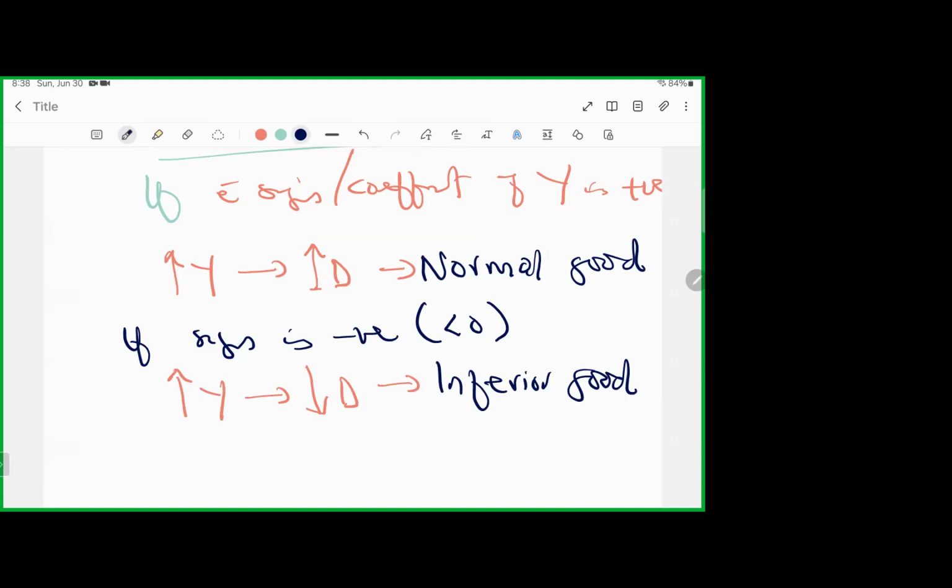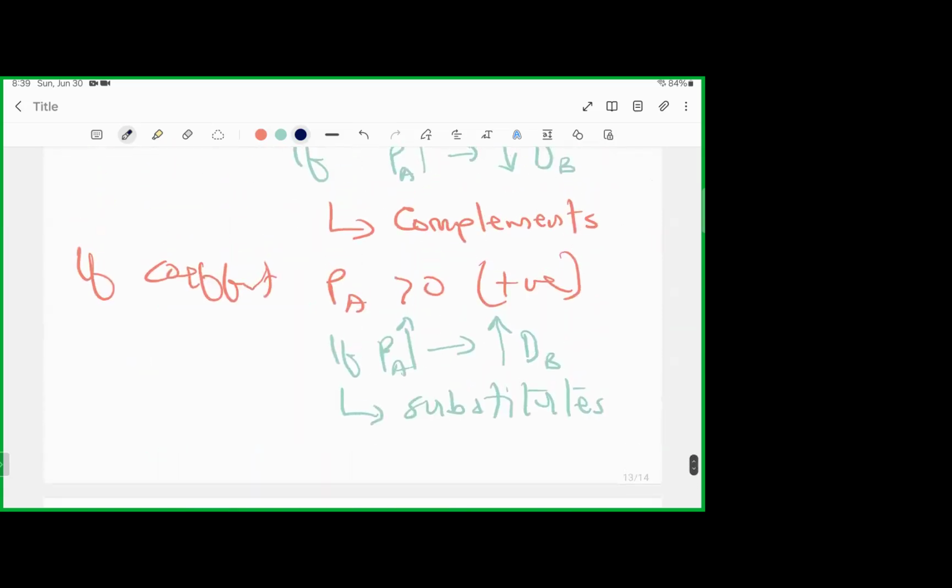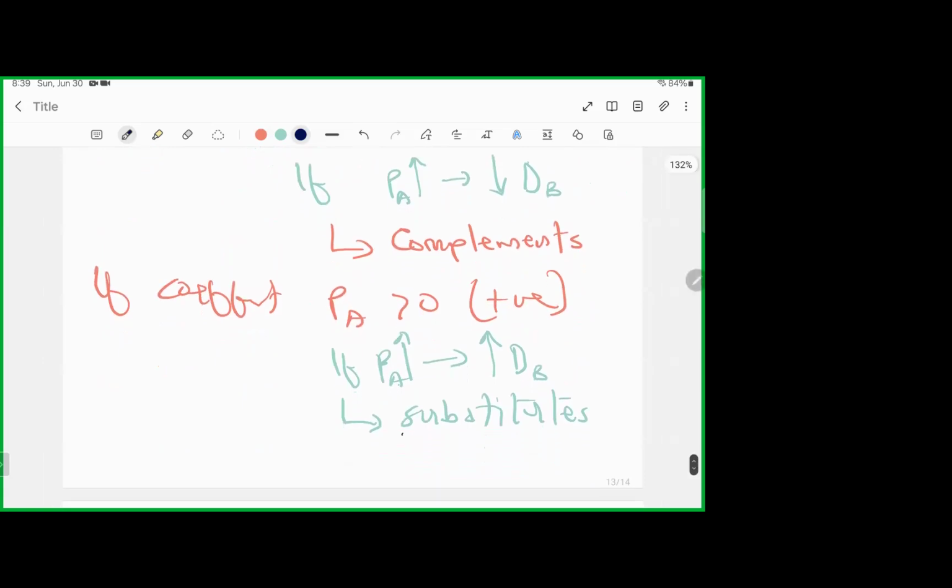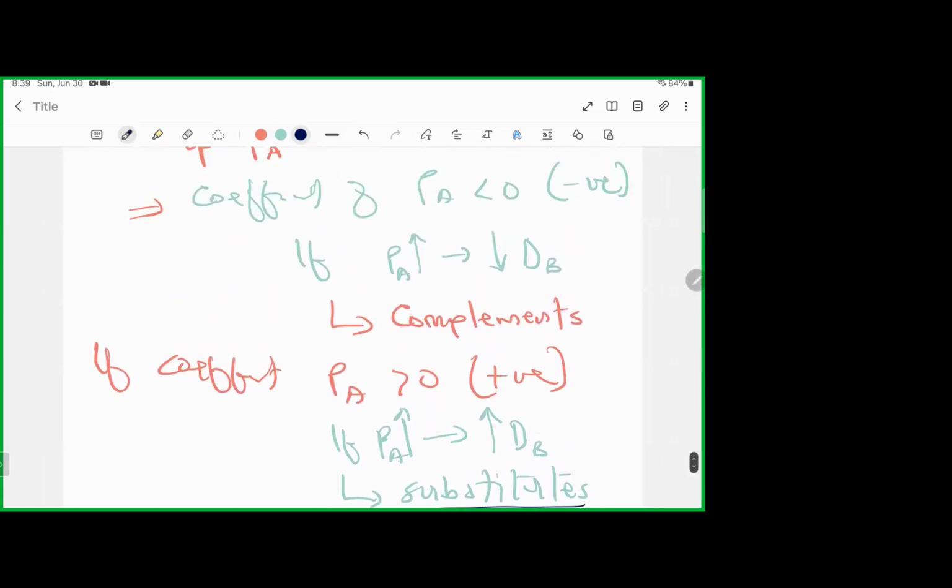So if I give you a model and ask what type of good it is using income, it is either a normal good or an inferior good. But if I ask you to differentiate whether the good is a substitute or a complement, you focus on the coefficient of the price of the other goods. If it is positive, it is a substitute. And if it is negative, it is complements.